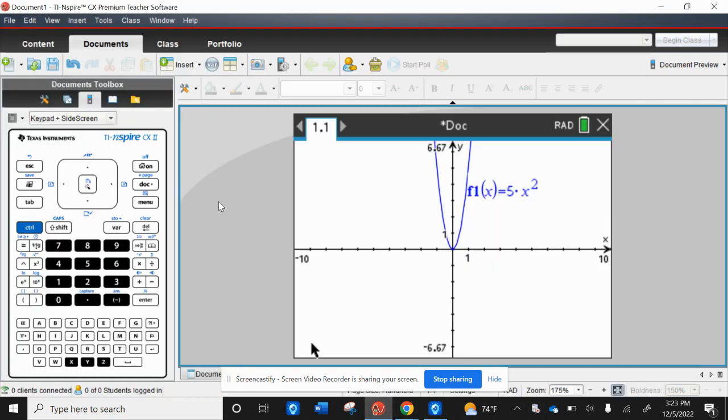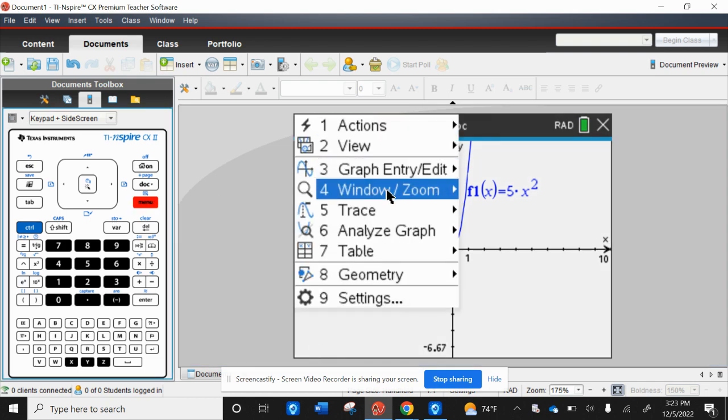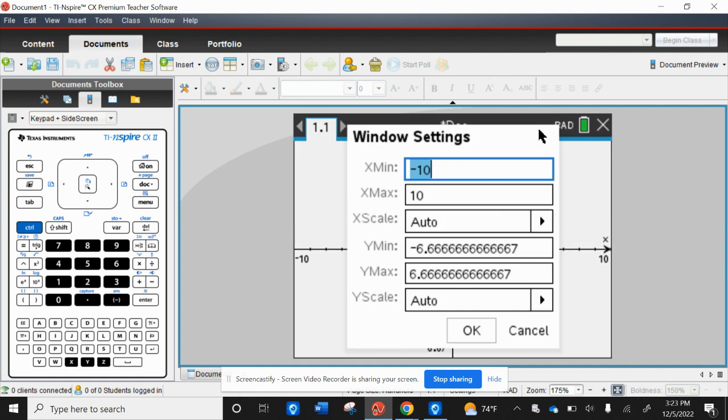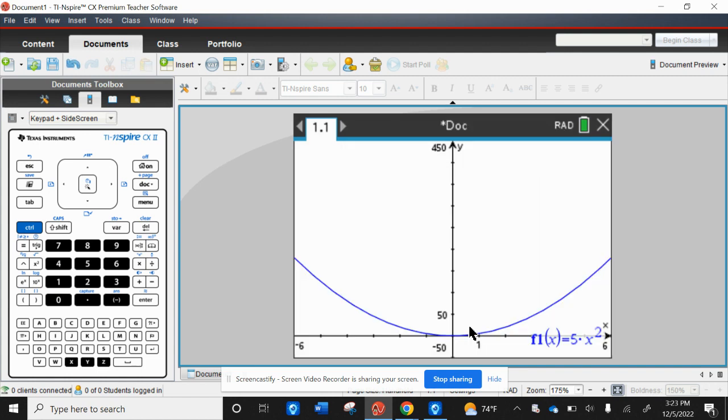I'm going to go to Menu, Window Zoom, Window Settings. So then that's -6, 6, 1, -50, 450, 50. Press OK.